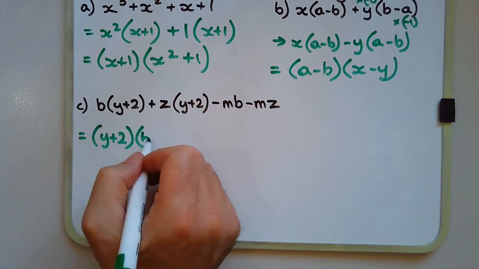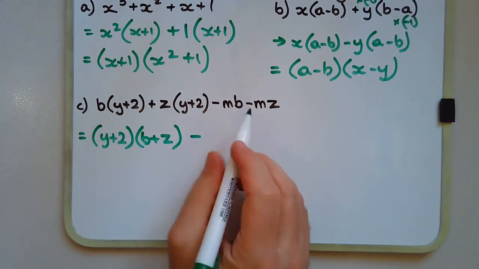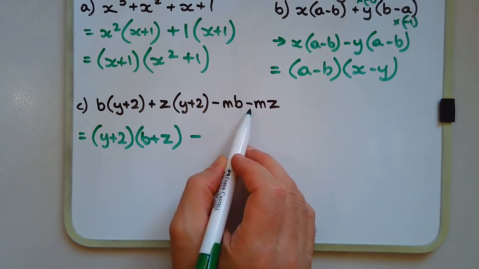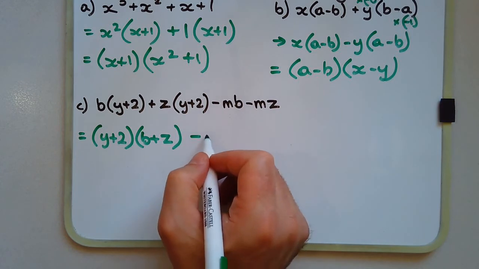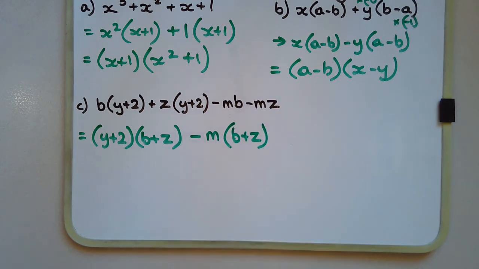You have b plus z. And we can factorize out negative m from minus mb minus mz. So why don't we take out negative m, and that leaves b plus z in brackets, what's left over from the factorization.